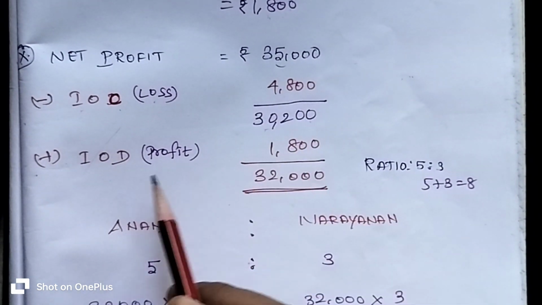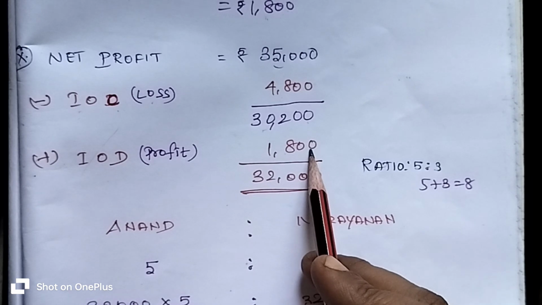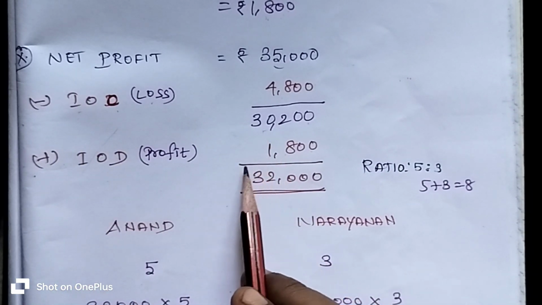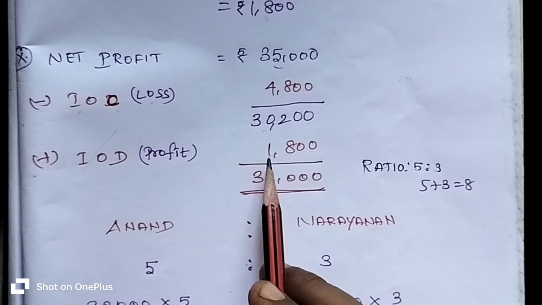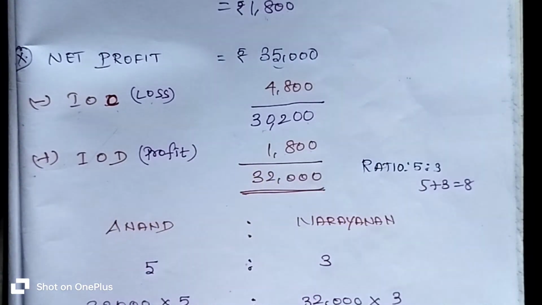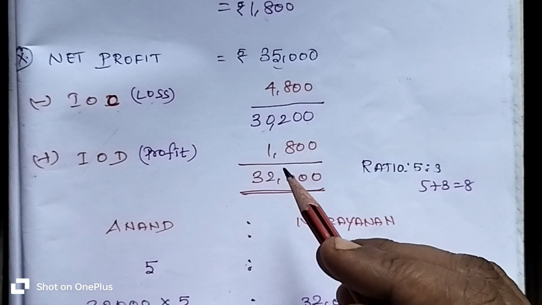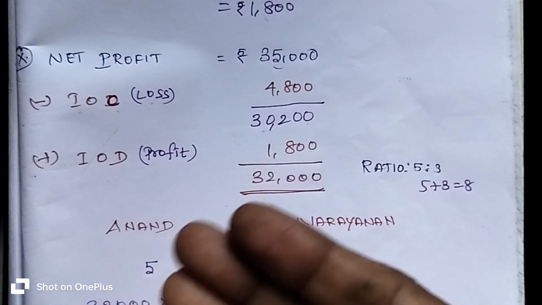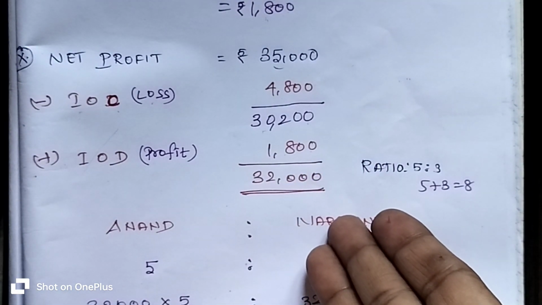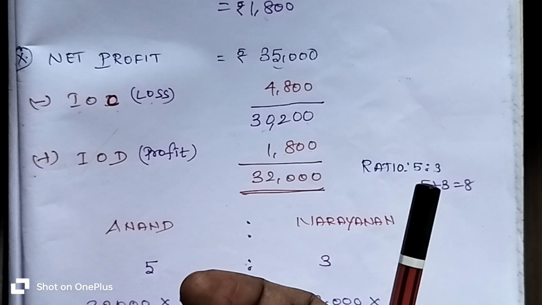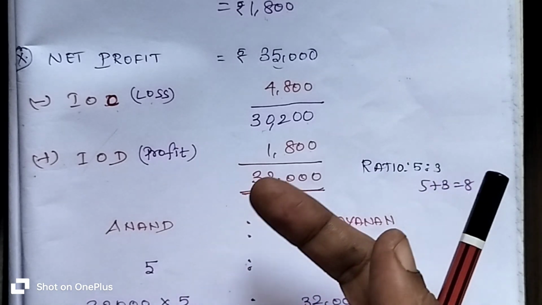And then interest on drawing, 1,800 rupees, you have to add with the net profit. Why? Because from the business point of view, partners have taken cash from the business for their personal use. For taking drawings, they provide interest to the business, so it's a profit.